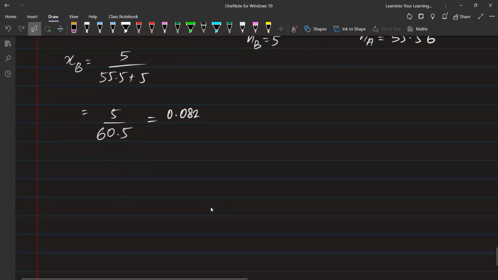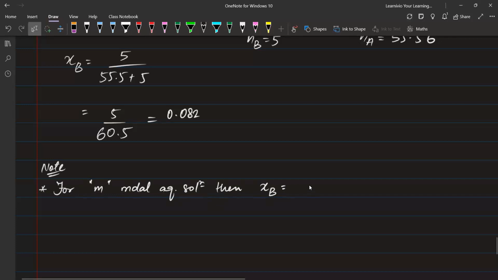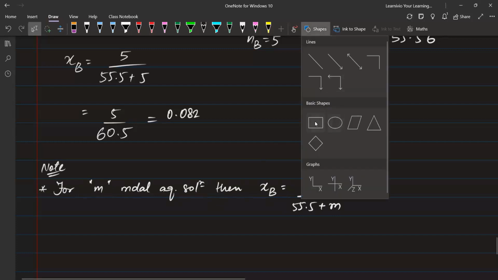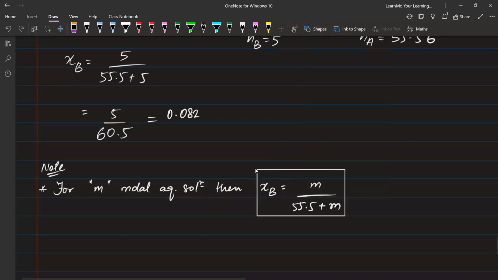0.0826. Now we can note this: if the molality is m molal aqueous solution, then the mole fraction of solute will be equal to whatever the value of m is divided by 55.5 plus m. Correct, yes or no? Is that right?